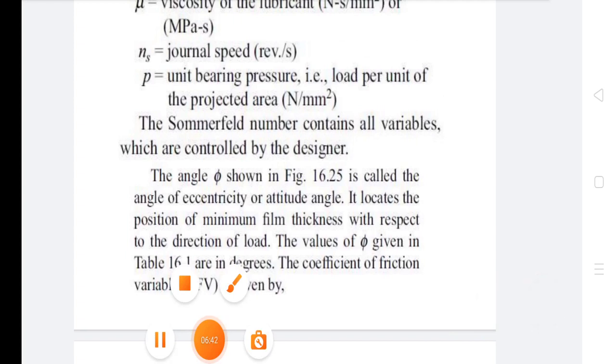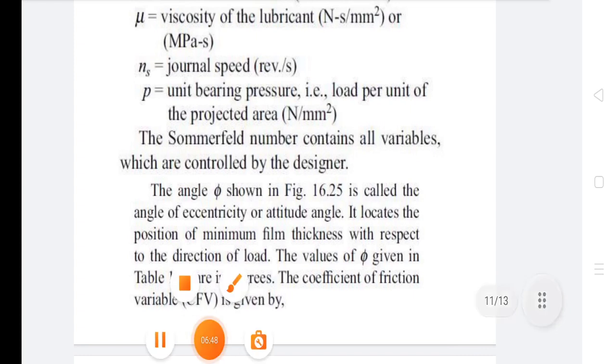So, the angle phi shown in the figure is called the angle of eccentricity or attitude angle. It locates the position of minimum film thickness with respect to the direction of load. The values of phi given in the table are shown in degrees.